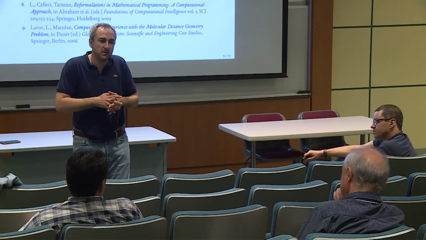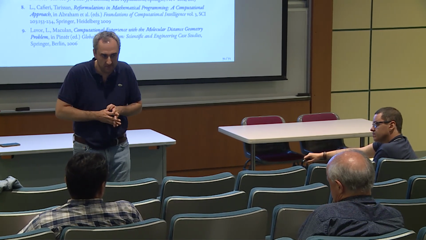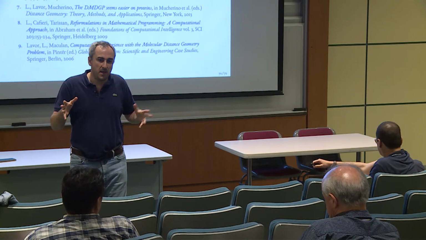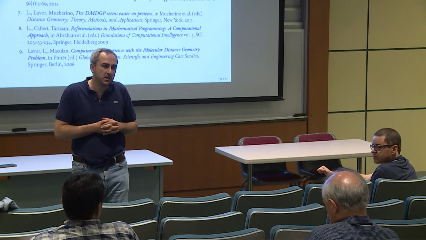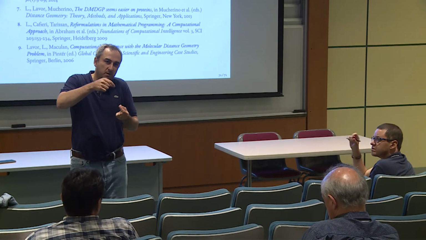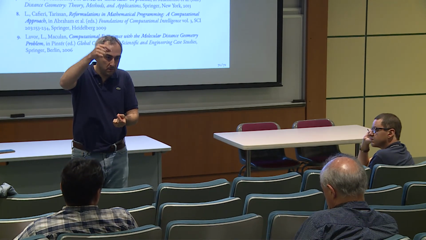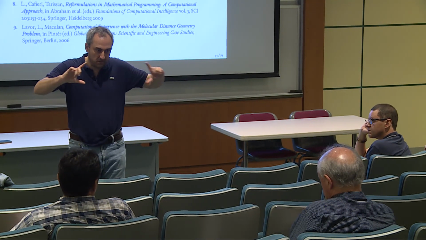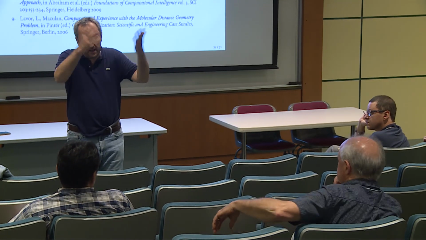The concentration of measure phenomenon acts in many cases, and it acts, for example, on the surface of the sphere. Okay? So if you have a surface of the sphere in 3 dimensions, and I'm asking you, for example, to give me a height on the pole so that the surface around the equator takes 50% of the surface of the sphere, or let's say 90%, you'll be pretty close to the pole.